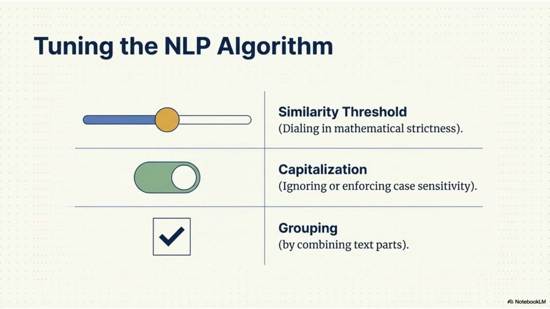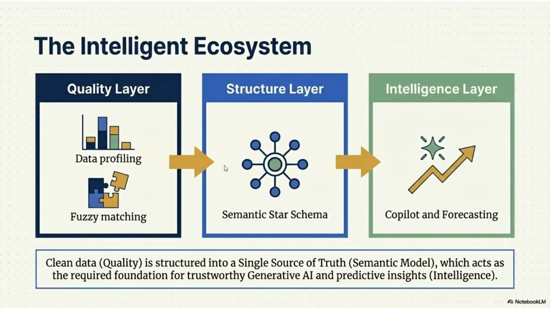Natural language processing allows users to interact with data using plain English, but tuning is important. Adjusting similarity thresholds, categorization, and grouping ensures accurate results. This makes your system smarter and more user friendly.